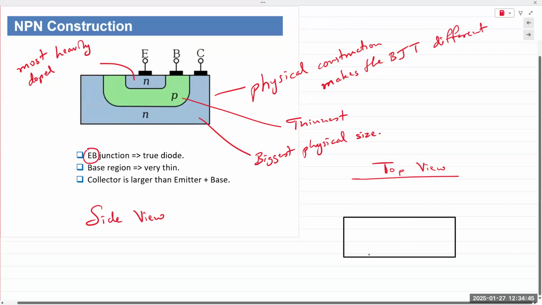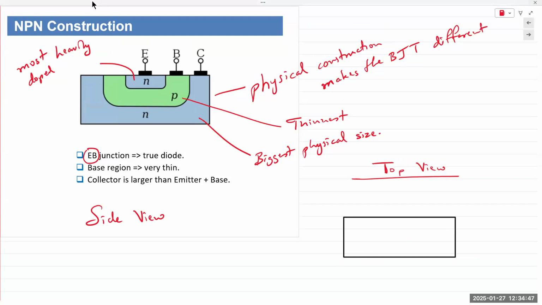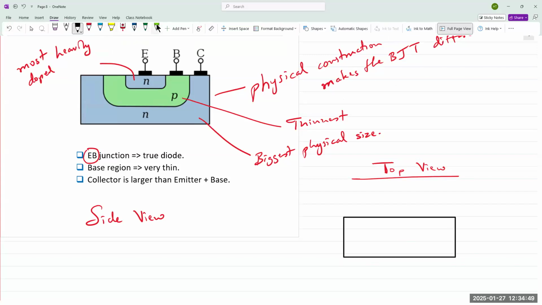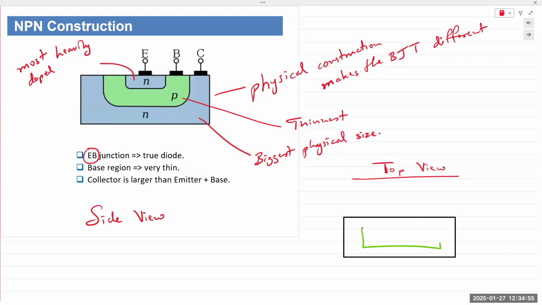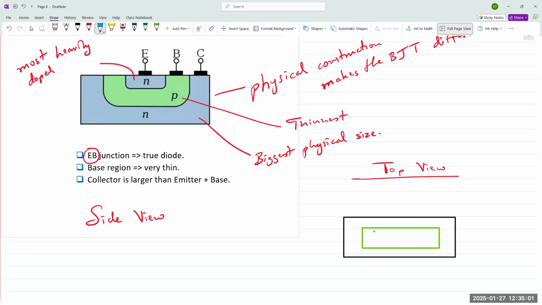So this is the outer perimeter, then a small section of blue.